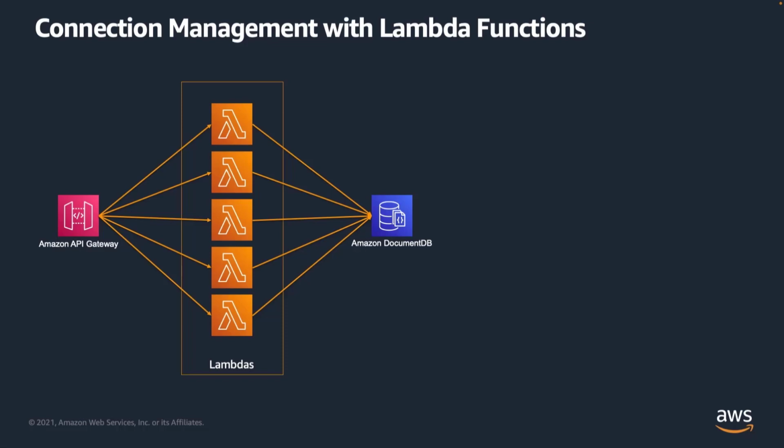Now let's take a look at the same topic of connection management, but this time with Lambda functions. In layman's terms, Lambda is a piece of code that is running on a certain set of allocated resources. The first time you invoke your function, Lambda creates an instance of the function that runs its handler method to process the event.